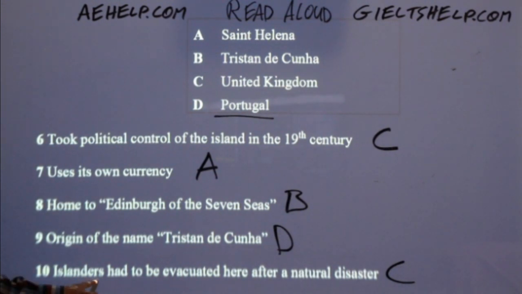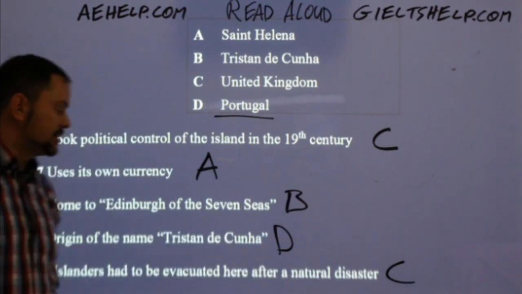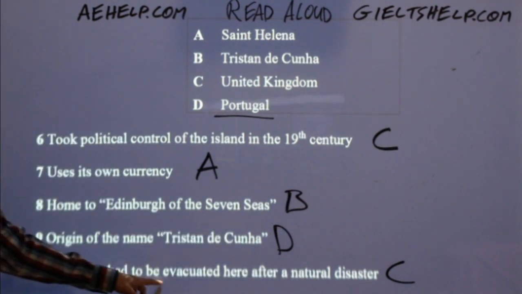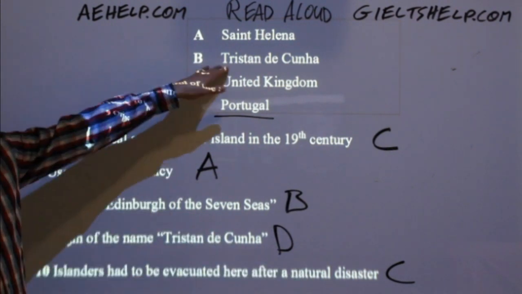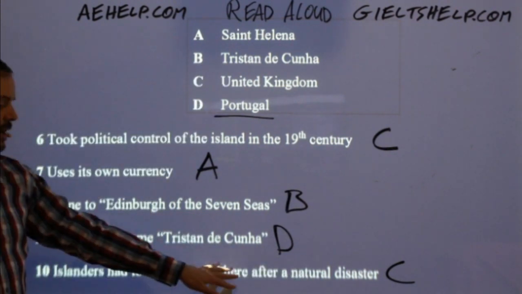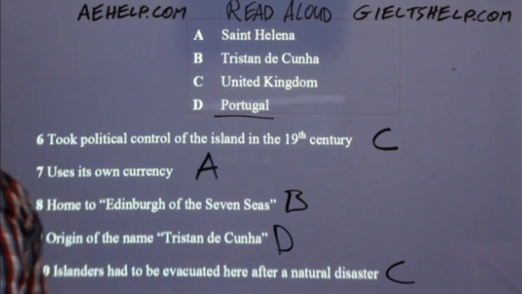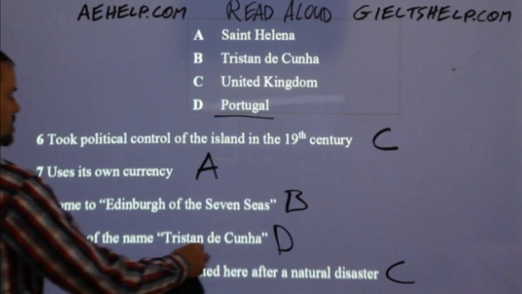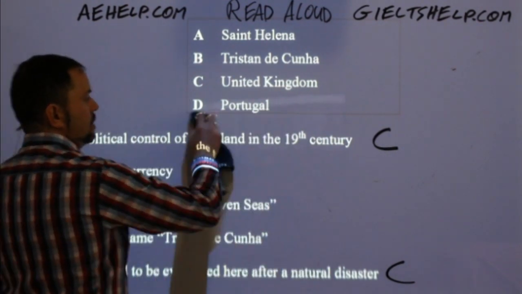So islanders had to be evacuated here after a natural disaster. If it says islanders had to be evacuated from after a natural disaster, then it would be Tristan da Cunha. Be really careful with those prepositions and location markers, okay? Those can easily cost you a mark if you're not paying attention. So pay close attention.